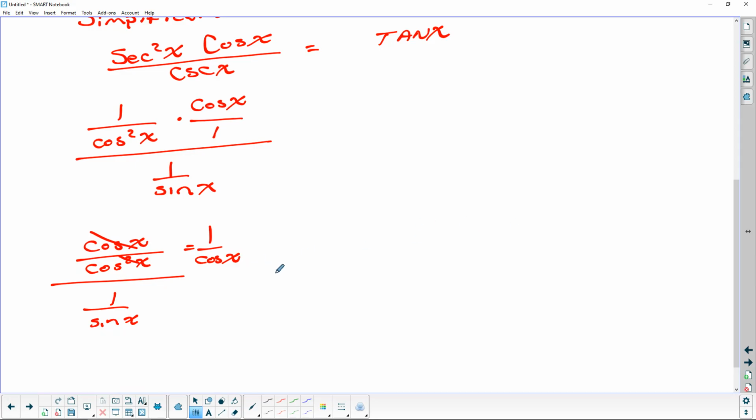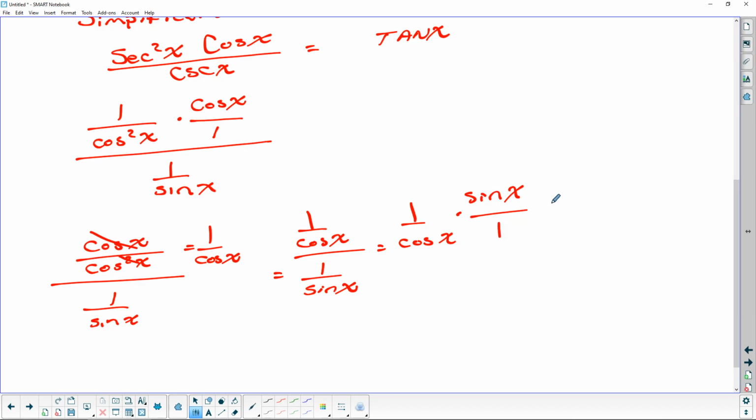Okay, so then my result is 1 over cosine x divided by 1 over sine x. Okay, using fractions, take the reciprocal of this and multiply it. 1 over cosine x times sine x over 1. That is sine over cosine.